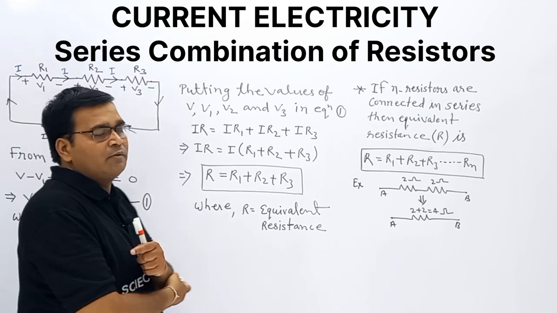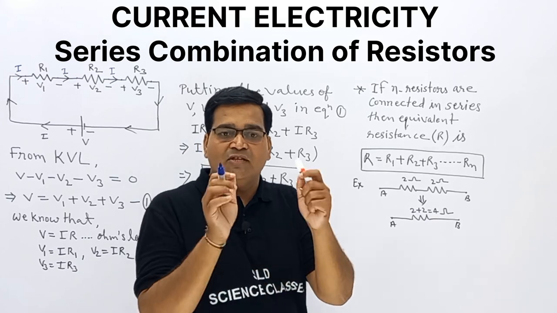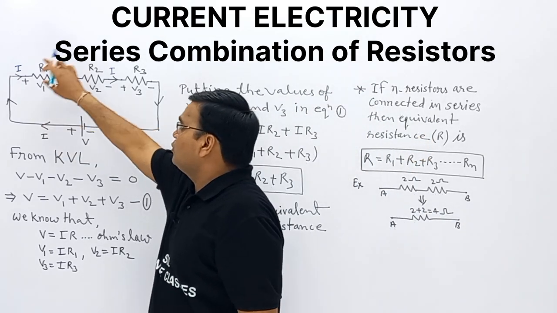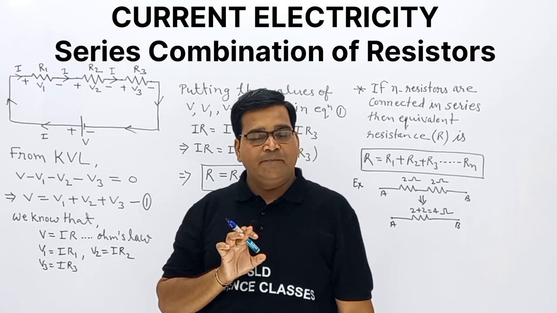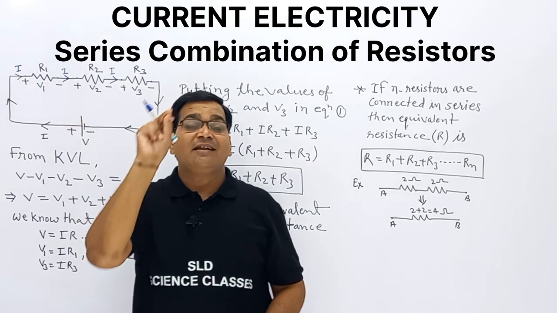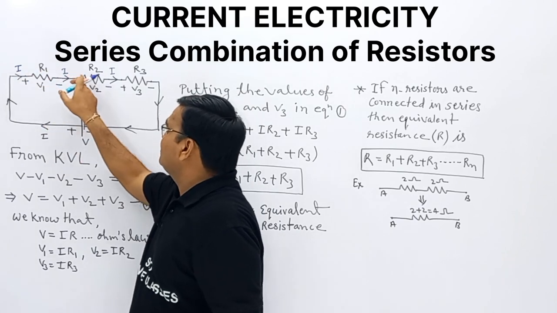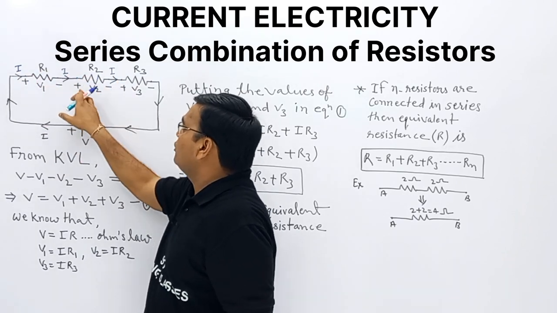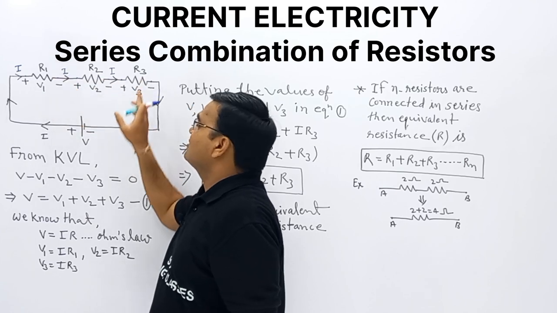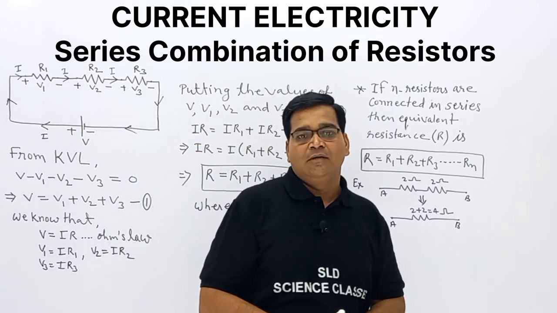So what are you observing? In the circuit, current flows from the positive terminal of the battery to the negative terminal. Whenever current enters any element, the entering point is called the positive terminal, and the leaving point is called the negative terminal.